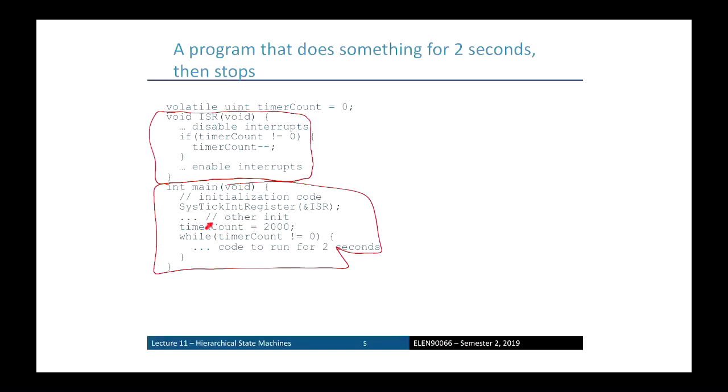We're going to initialize a variable timer count to be 2000. Then, as long as it's not equal to 0, we are just going to run some code in here. Now, what happens? Well, every 1 millisecond tick of that timer, we are executing the interrupt service routine.